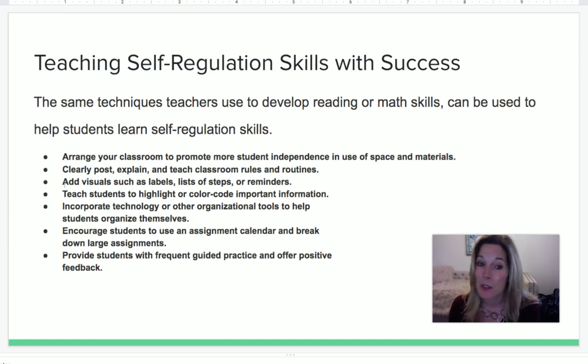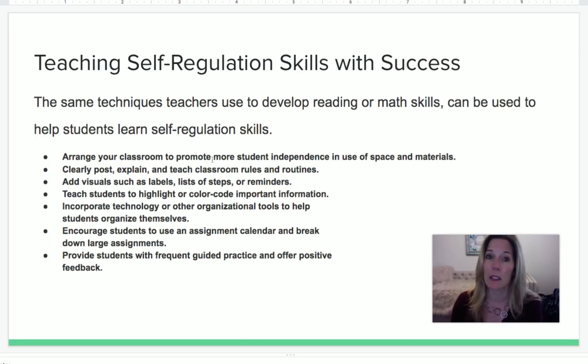You want to clearly post and explain and teach classroom rules and routines. Add visuals such as labels, lists of steps, or reminders. So we want to also teach the children to highlight, or the adults to color code important information that they might need. So it's encompassing not just behavioral stuff, it's also organizational and executive functioning skills.